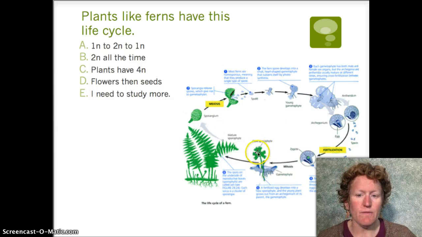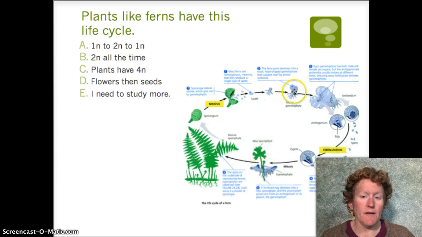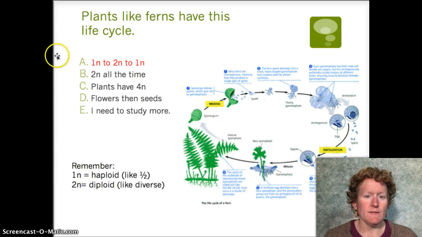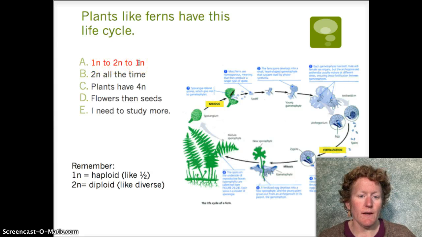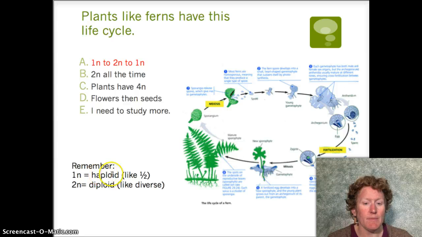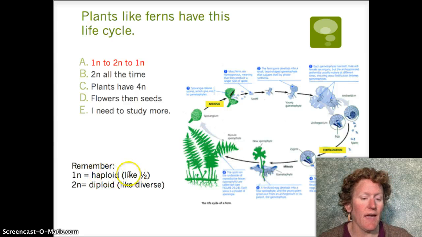That's a sporophyte. This is a gametophyte, this is a sporophyte. Gametophyte is 1N, sporophyte is 2N. So if you guessed A here, the life cycle goes 1N to 2N to 1N, you're correct. The 1N, remember, is haploid. Haploid sounds like half.